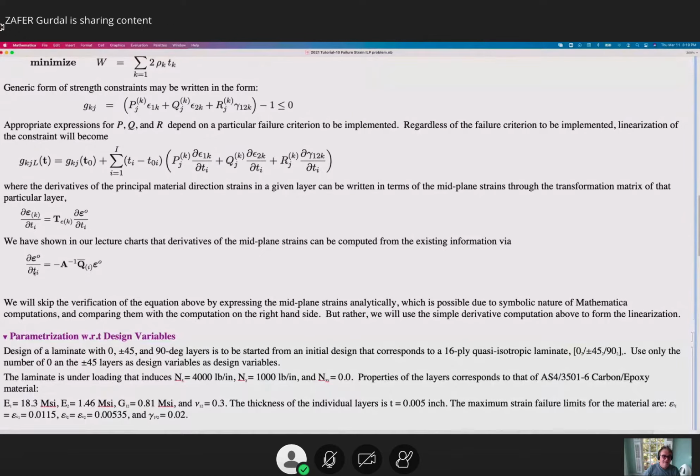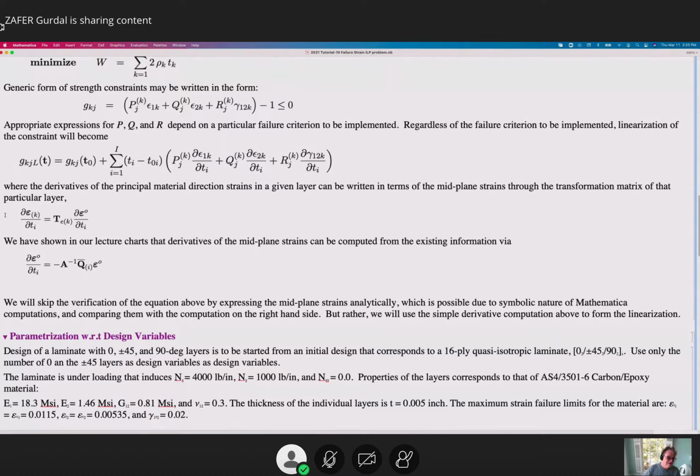Okay? And if I have this, I can substitute into here, find the derivative of ply principal direction strains, and then use the Q matrix. Actually, I just need to use the Q matrix once I have the principal material direction strain derivatives.